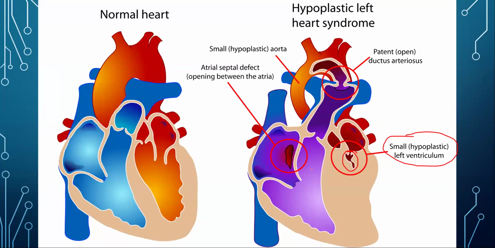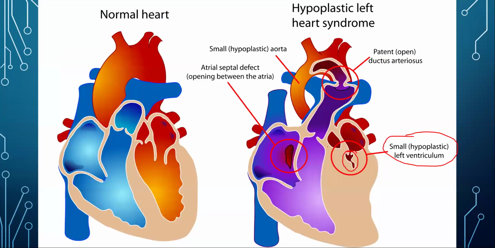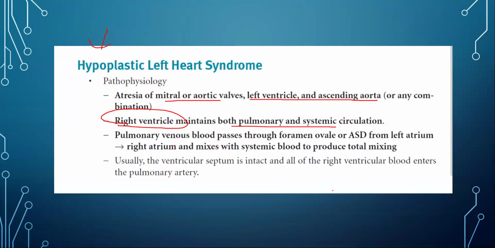So in this case, the right heart takes all the effort. Hypoplastic left heart means atresia of the mitral and aortic valve, left ventricle and the ascending aorta. The right ventricle will maintain both pulmonary and systemic circulation. And again, for this kind of children, they will have a foramen ovale to mix the blood.